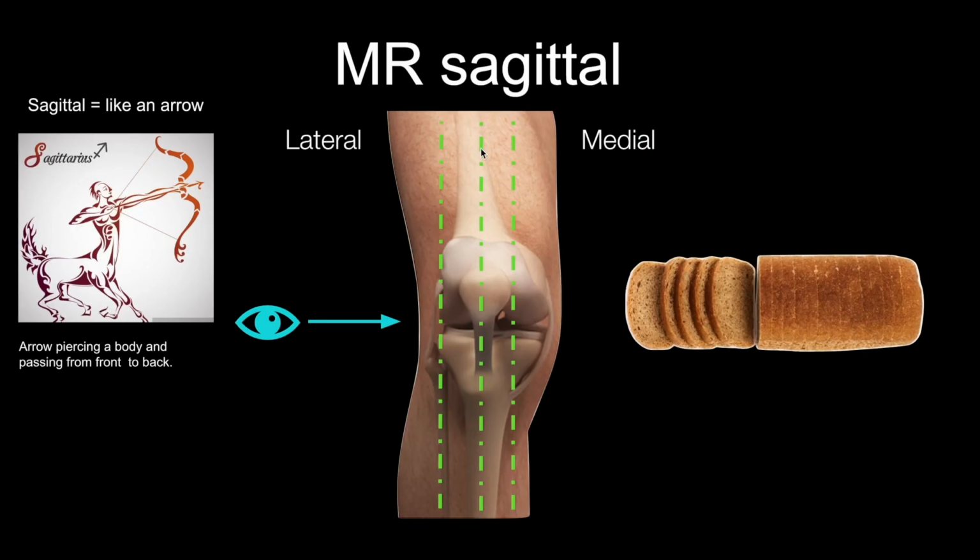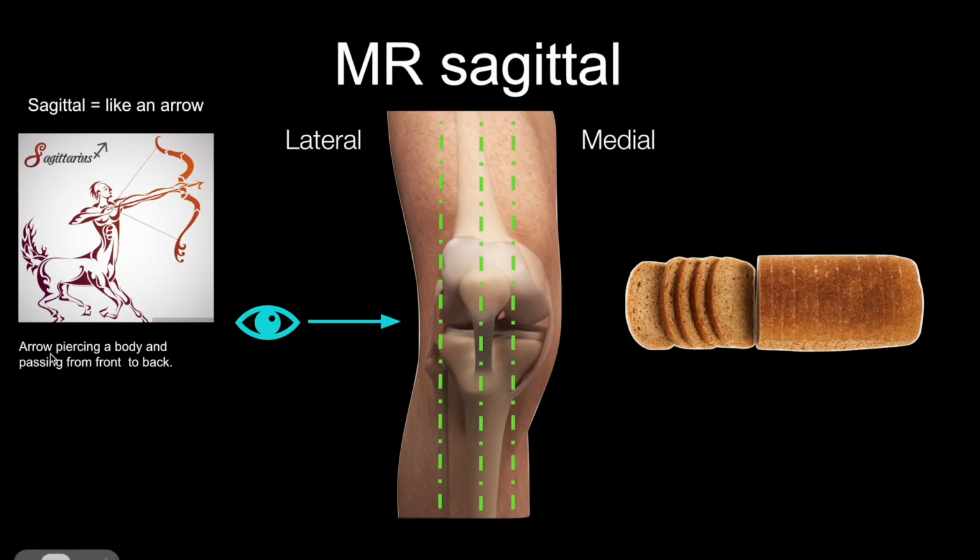This plane is a vertical plane that will divide the body part into left and right portions. We can see the bread slices here, a very good depiction. And one thing that I want to say is sagittal means like an arrow. We all know, I think, the Sagittarius sign and how it is connected to the sagittal plane.